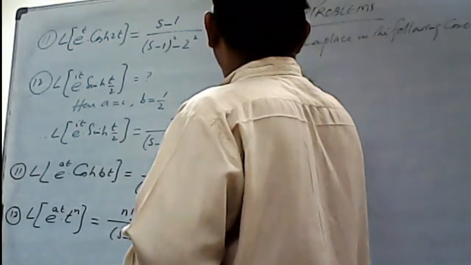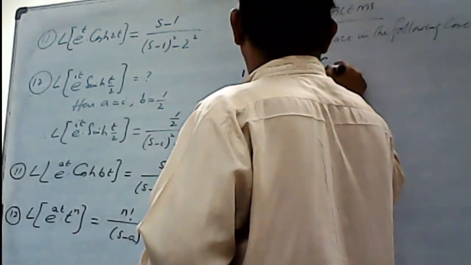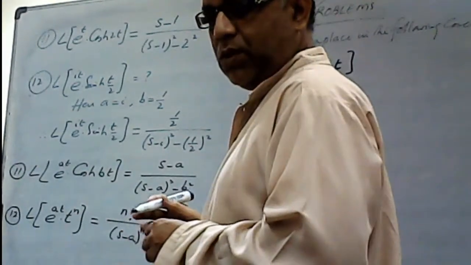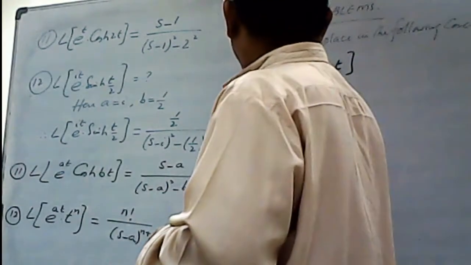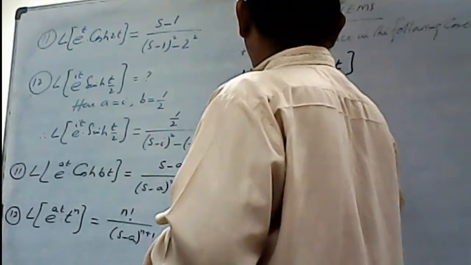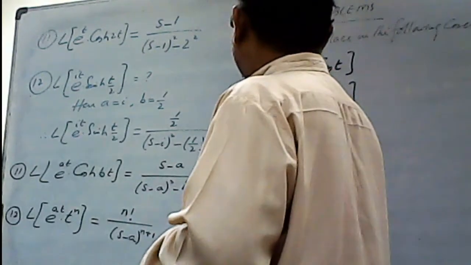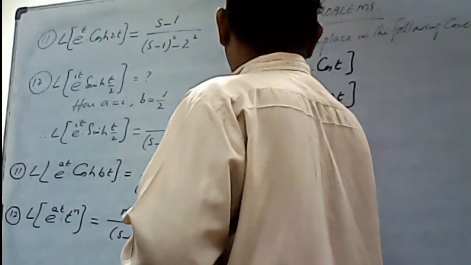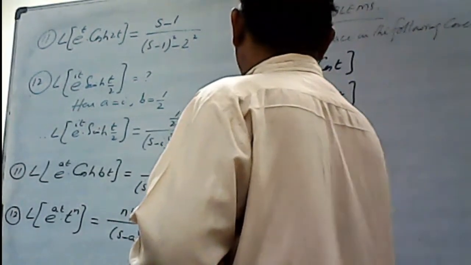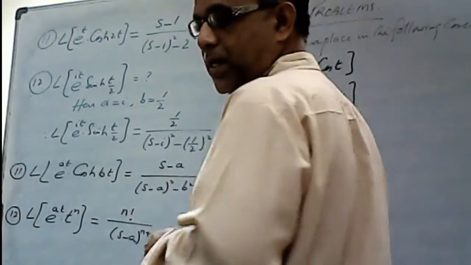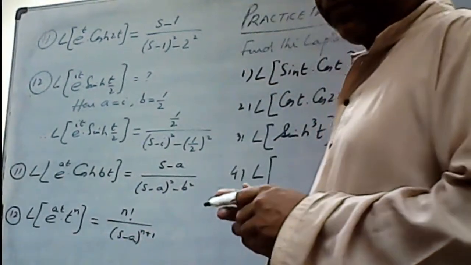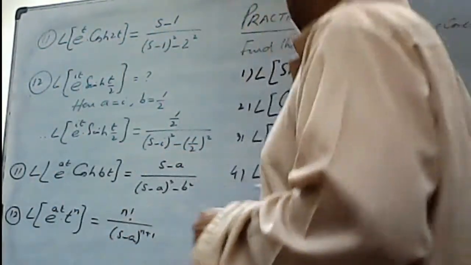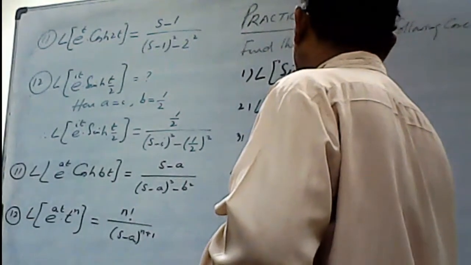Number 1, Laplace of sin t into cos t. Number 2, Laplace of cos t into cos 2t. Number 3, Laplace of sin hyperbolic 3t. Number 4, Laplace of t square into cos at.